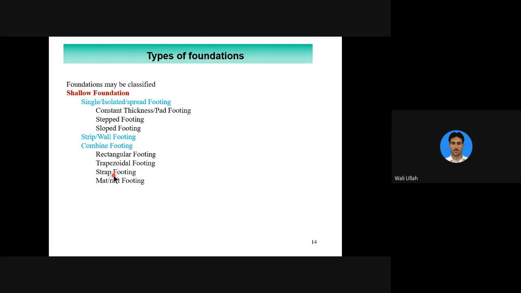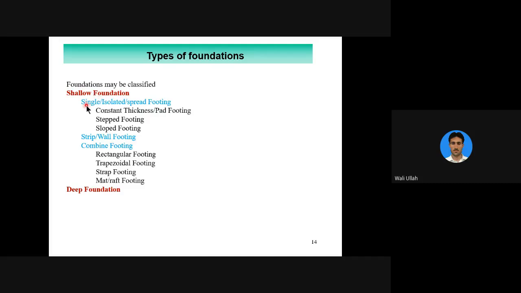Mat footing, and mat foundation. The pile foundations are another type which we will study in detail in chapter number 4, right? Its types according to material, according to the mechanics, but here we would discuss only the shallow foundation.